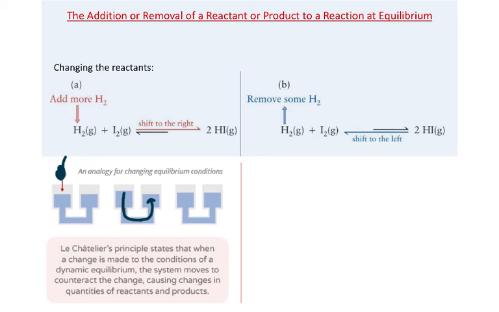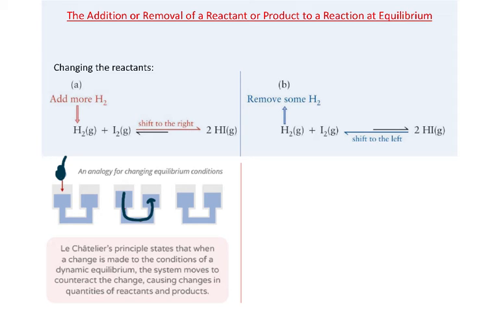And so that's exactly what happens, right? And we call this a shift to the right, meaning the system is at equilibrium and then you add H2 and the rate at which product is formed increases. So you create a little bit more product until a new equilibrium is reached. Equal rates again, but now different concentrations.